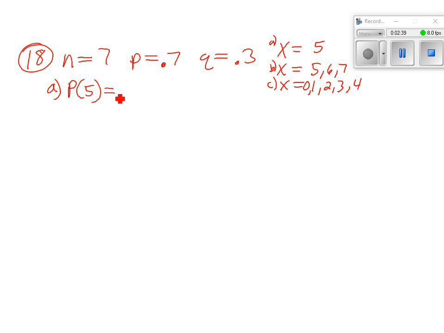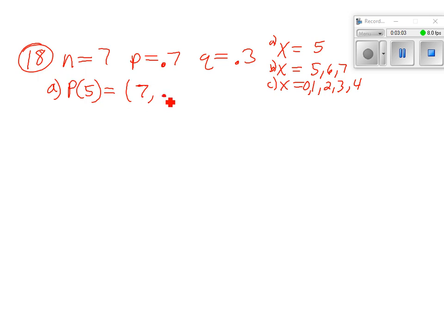On our calculator we go second, the bars thing, and go down to binomial PDF, because we're just doing one. Type in your N, which is 7.